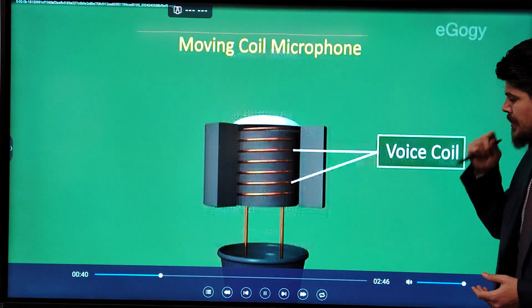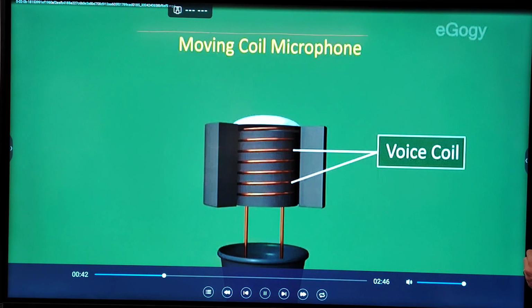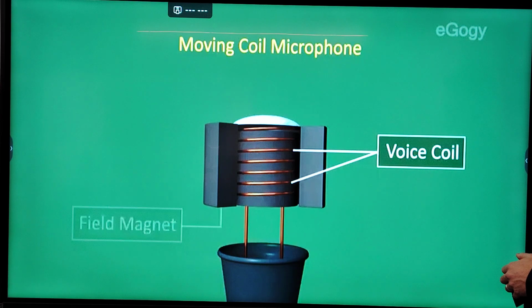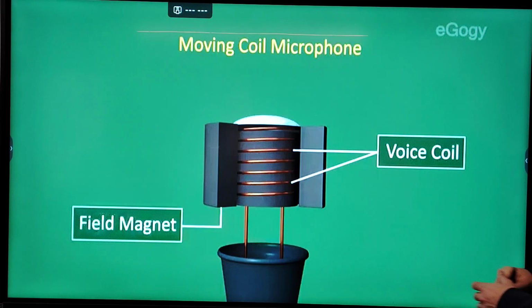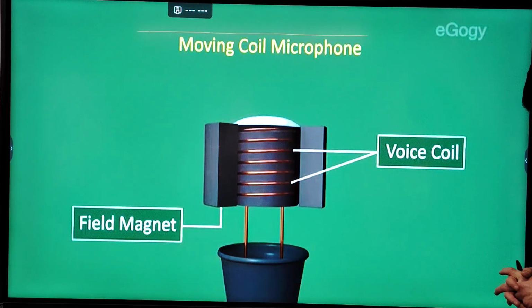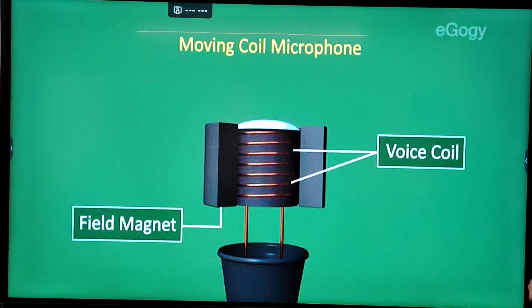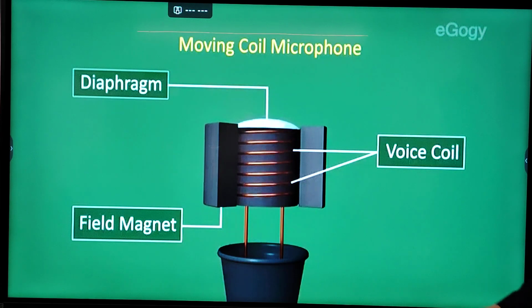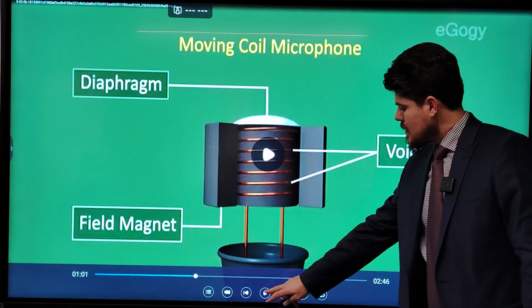Let's go on. Microphone. It is a coil of very thin insulated wire. The voice coil is designed such that it can vibrate freely between the poles of a magnet, in the magnetic field.